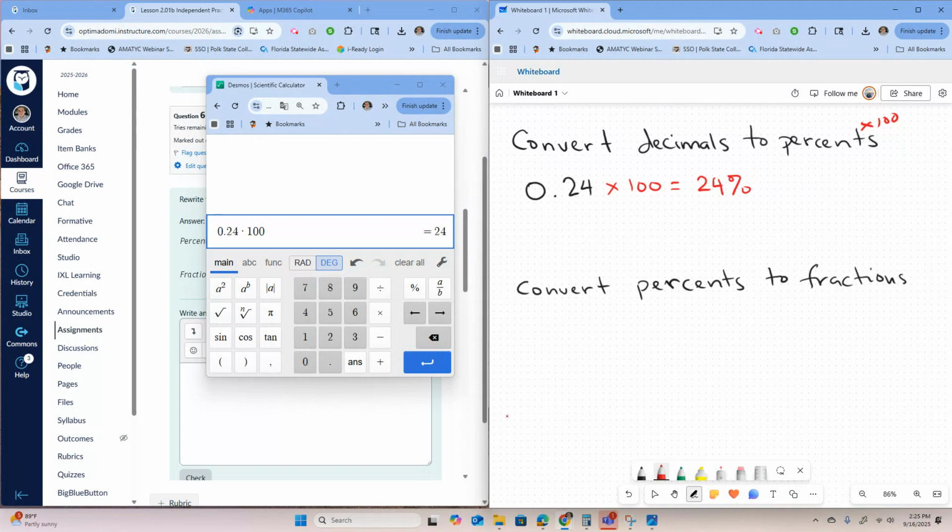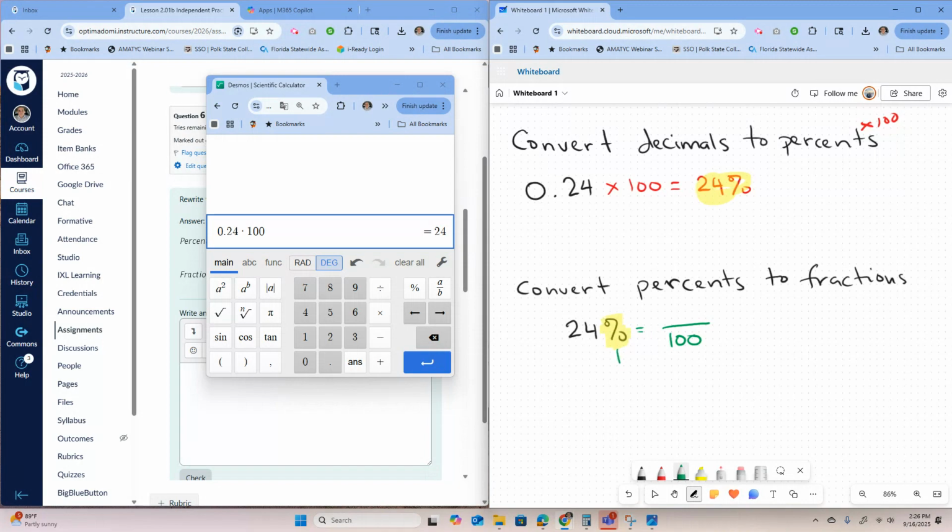All right. Now, the second part, they're asking you to change the percent to fractions. Now, how do you do that? You're going to take your answer here, that was 24%. Okay. And I'm going to write it here, 24%. And the way you make a percent into a fraction, the percent symbol really means that you have a fraction over 100.